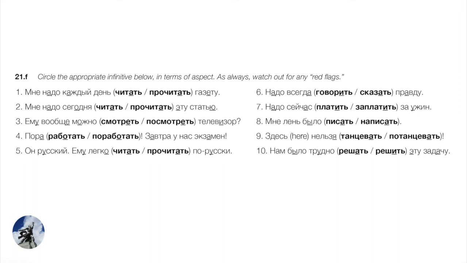Successfully solving the problem, right? It would be weird to say it was hard for us to go about solving the problem. I mean, you could say that, but it's not the trying that's hard, it's the success that's hard, right? That's kind of the point of the whole statement. So in instances like this, you would almost always get perfective. Нам было трудно решить эту задачу. It was hard to solve the problem successfully.